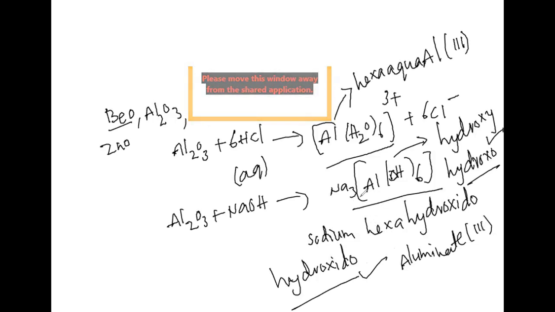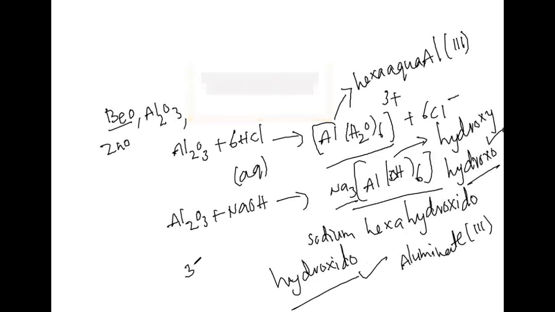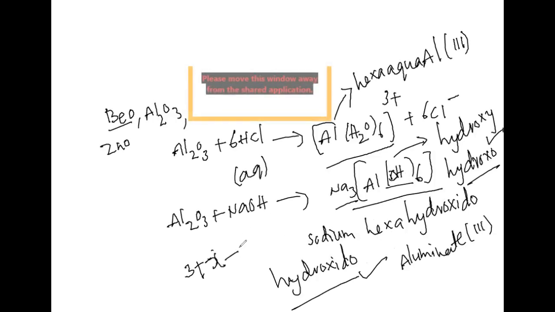This is an anionic complex. Here, what is the oxidation state? Sodium is plus 1, and like that 3 will be there, 3 plus. Aluminum we are supposed to find out, that is X. OH minus, 6 OH minus are there, so 3 plus X minus 6 is equal to 0. X is equal to plus 3. Right, so this is sodium hexahydroxidoaluminate(III).